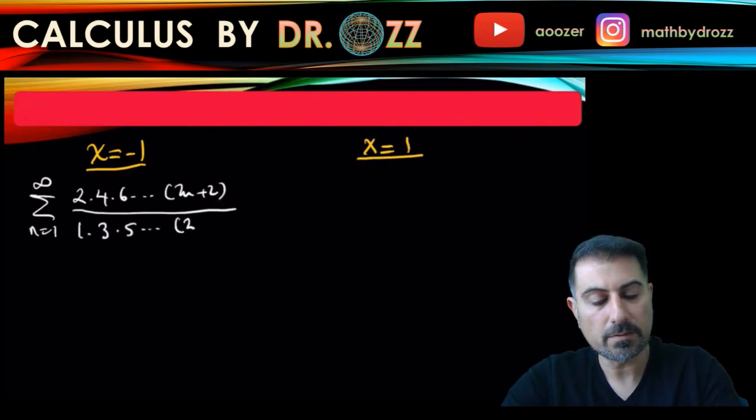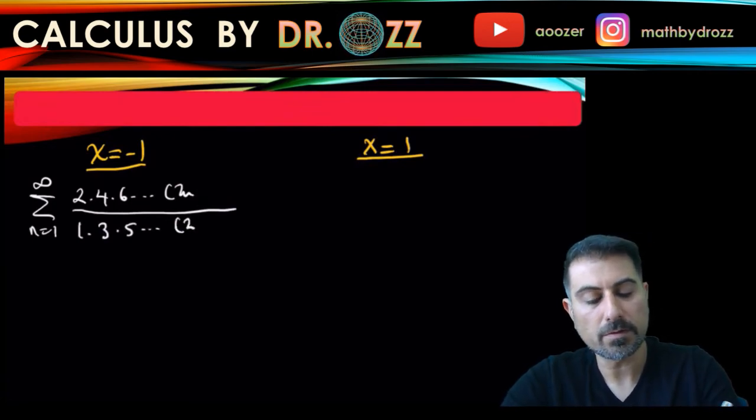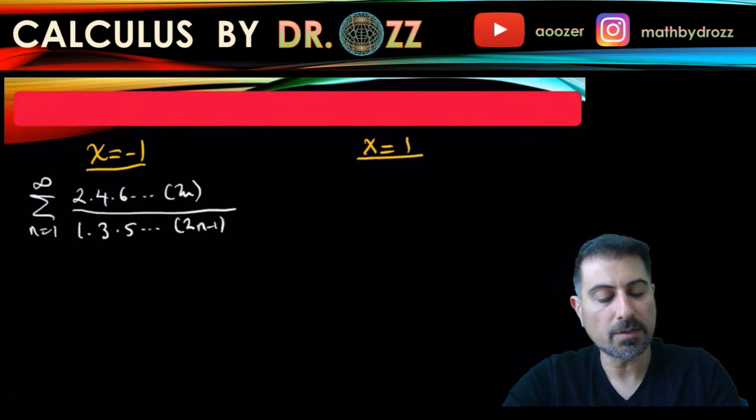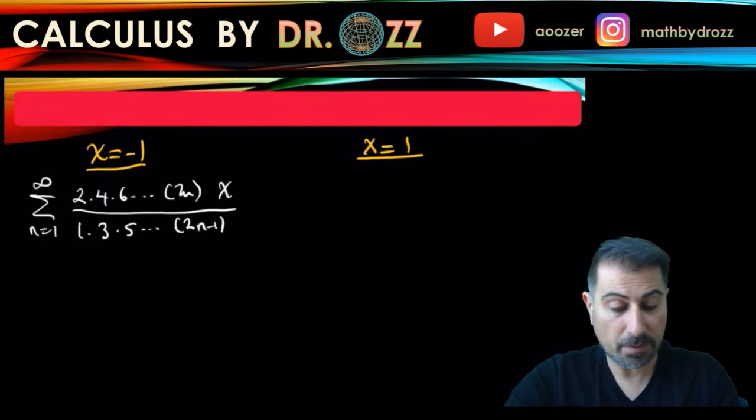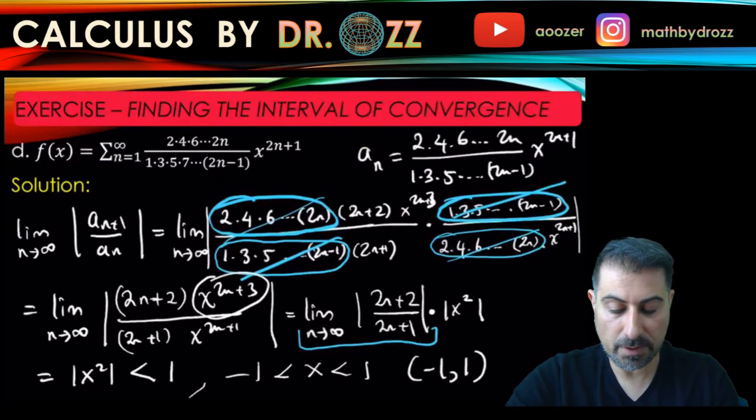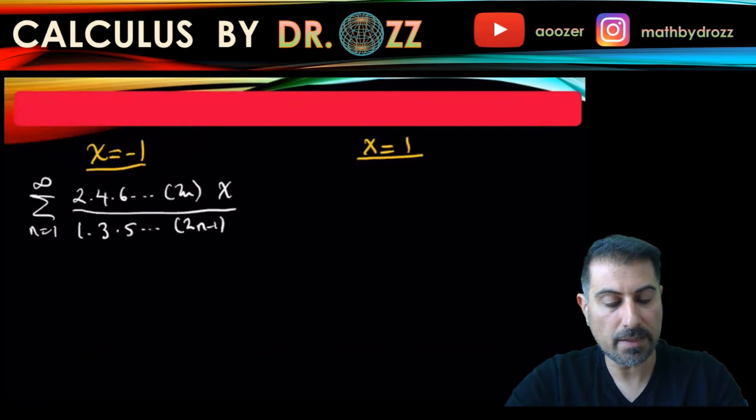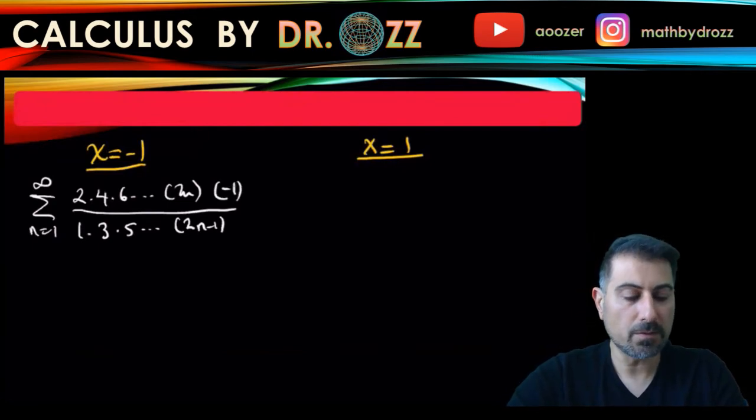Sorry, this is 2n. And 2n minus 1, x to the power of 2n plus 1, but x equals negative 1. So minus 1 to the power of 2n plus 1.